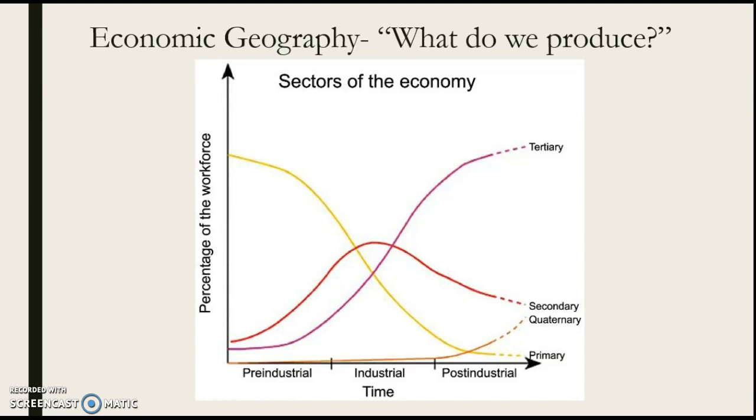You'll notice that primary sector activities from pre-industrial to post-industrial, highlighted in yellow, have dropped significantly. You'll notice that quaternary are really starting to take off in the recent past, and you'll see the secondary peak and then dip. So we'll look at each of these different sectors of the economy.